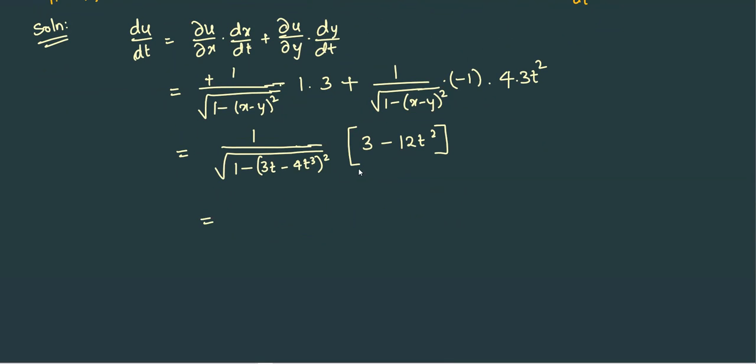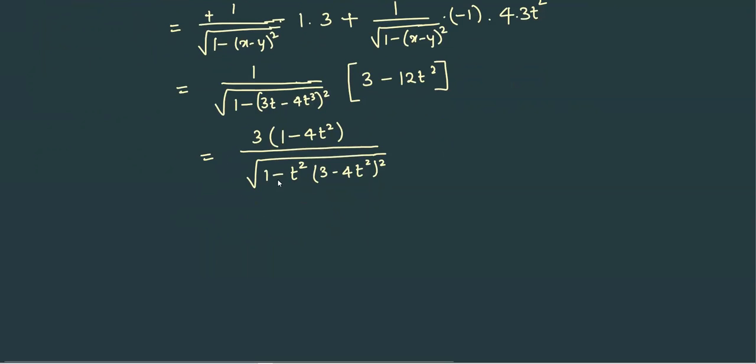So we get this as numerator 3 times 1 minus 4t square, by under root of 1 minus (3t minus 4t cube) the whole square, times... Let us see what we can simplify this further.